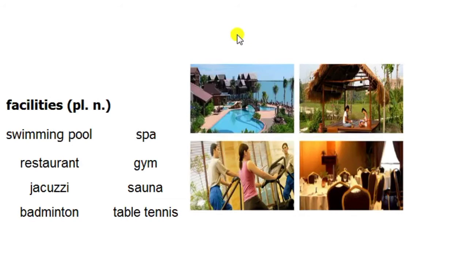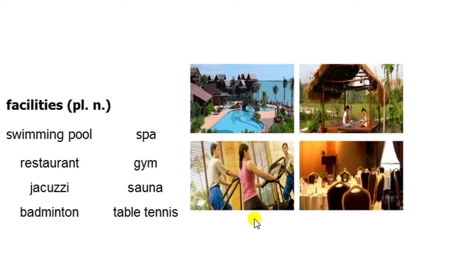The next word we are looking at is facilities. It is a noun in the plural, and my rule of thumb here is that we use this word for very large places. In other words, something like a swimming pool, a spa where you can have a massage, a restaurant, for example, a gym, and so on.